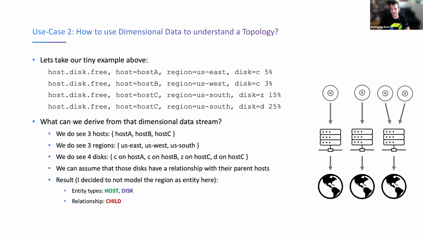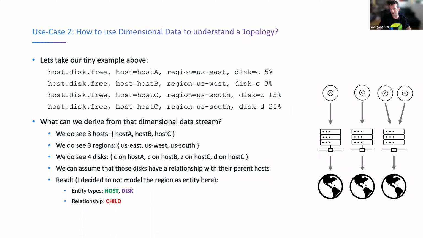We see three individual hosts, namely host A, host B, host C. We also see three distinct regions in those measurements, which are US East, US West, and US South. And then we see four disks. Here we have to distinguish disk C seen on host A from disk C seen on host B, because the name of the disk is not unique.